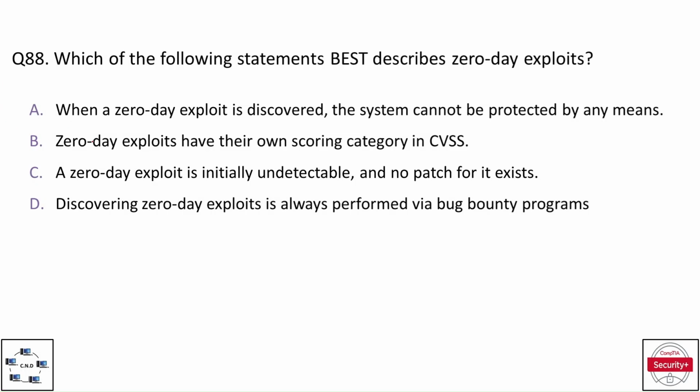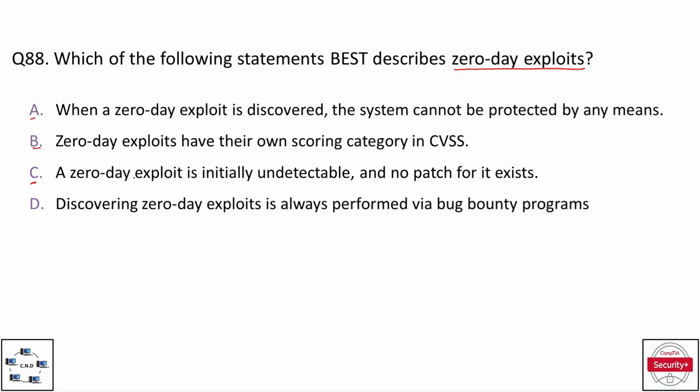Question number 88. Which of the following statements best describes zero-day exploits? The options are option A, when a zero-day exploit is discovered, the system cannot be protected by any means. Option B, zero-day exploits have their own scoring category in CVSS.